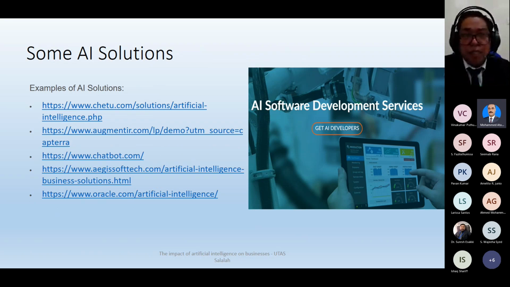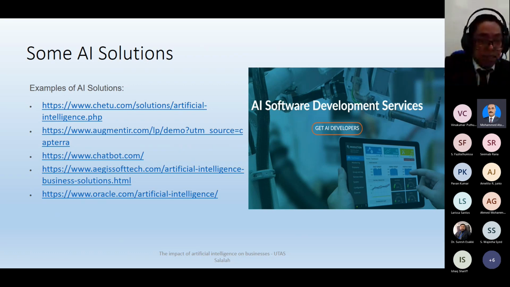Now, we have seen the business point of view. What if we could practically see an AI solution? There are so many available AI solutions, some of which are pretty costly because you have to be licensed and be a part of that business solution.